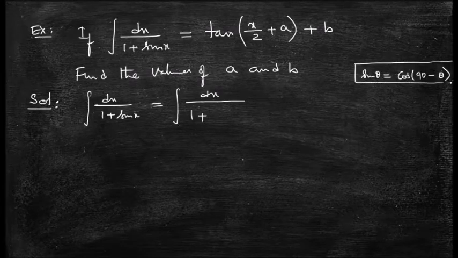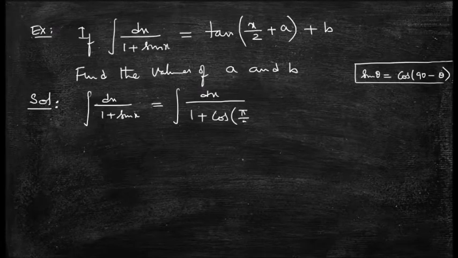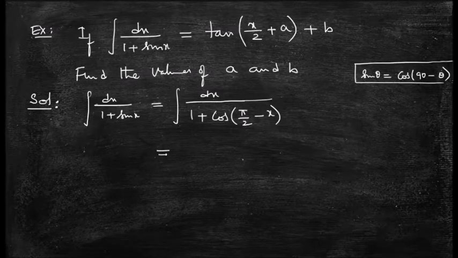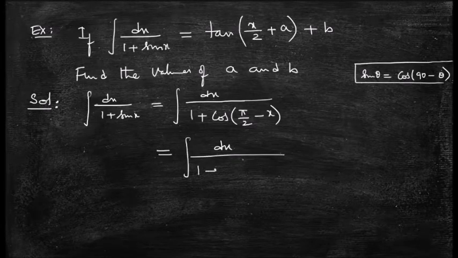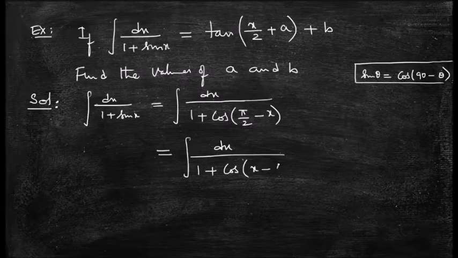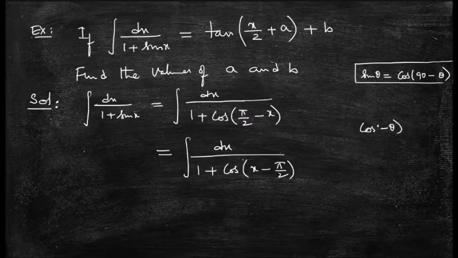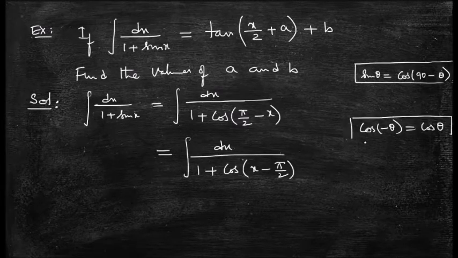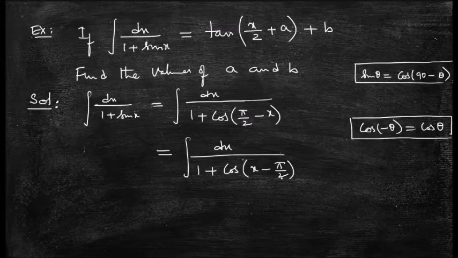Yes. So when I replace this, I am writing 90 as pi by 2 minus x. Integration of dx by 1 plus cos (x minus pi by 2). See, cos minus theta is equal to cos theta only, so I am taking advantage of that to change the direction: pi by 2 minus x is equal to x minus pi by 2.